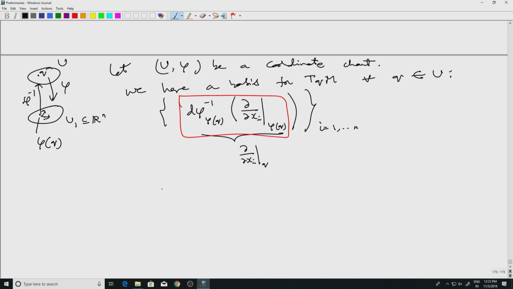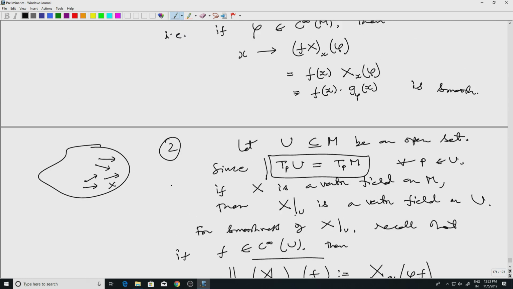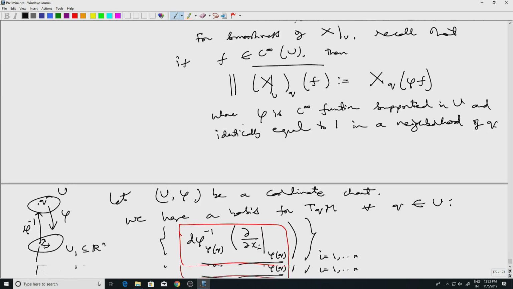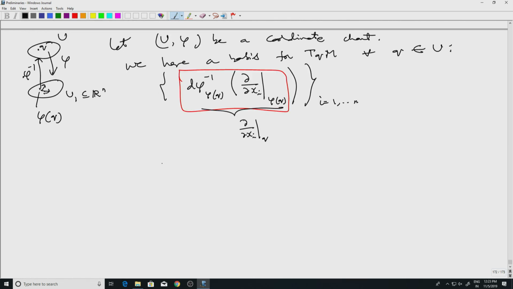I started with a vector field on all of M. The second observation was that I can restrict it to U and get a vector field on U. So let's express X at Q. This is the restricted vector field. I'll drop the notation X restricted to U and just use X itself.